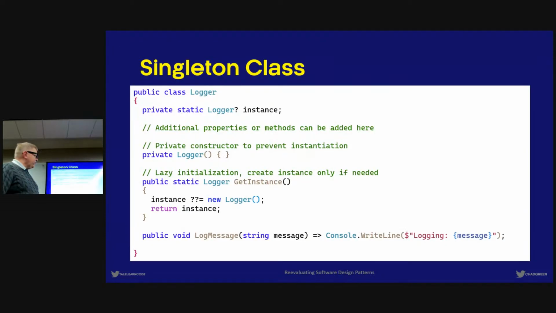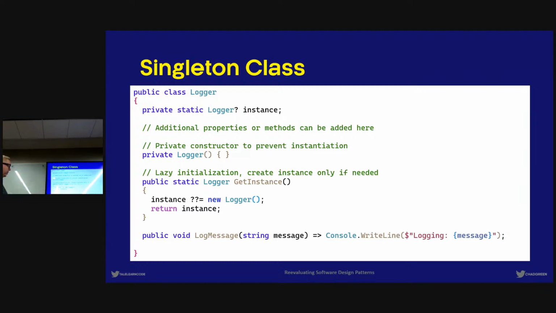So what does this look like in code? I'm used to giving this at conferences where I have to say, if you don't like C#, these are really simple examples, but I hope you like C# because you're here at the .NET conference. But here's what our singleton class looks like. This is a logger, which is another good example of a singleton. You don't want multiple loggers running around.